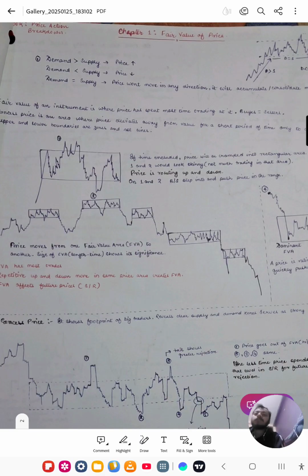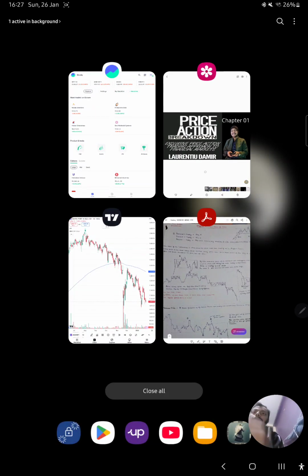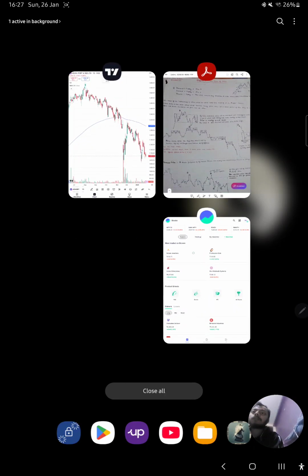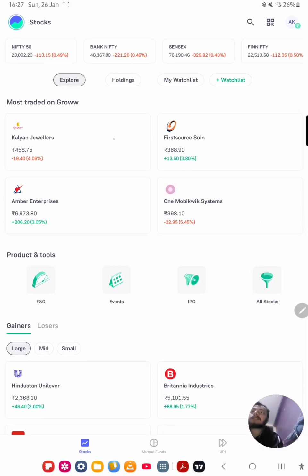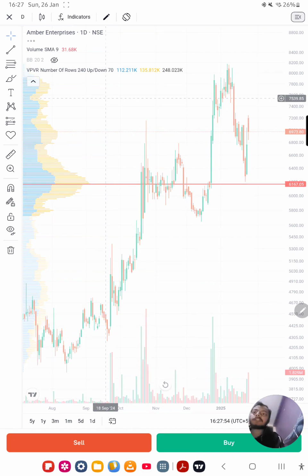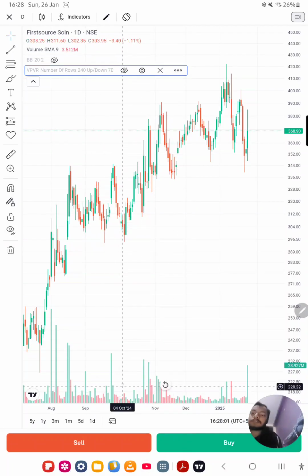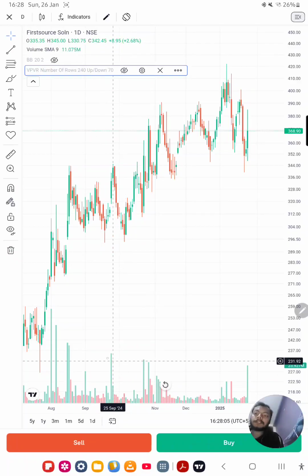Let me show you what a volume profile is. I can use any charting platform, let's use Finstore solution. When I open a chart, these are the volumes on a time basis.